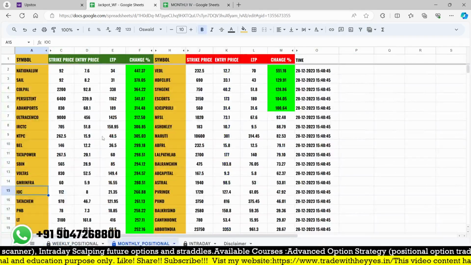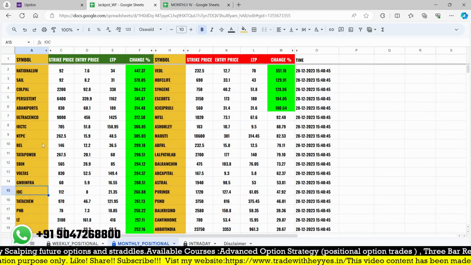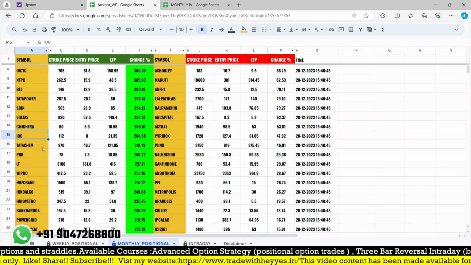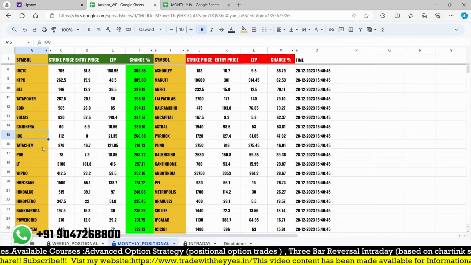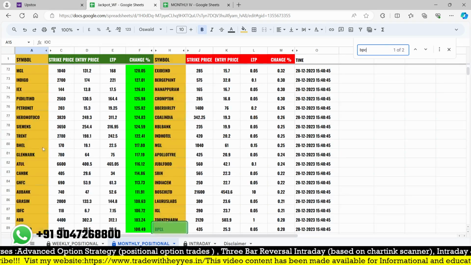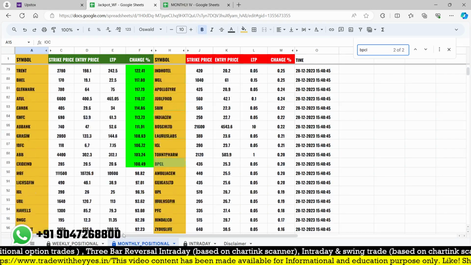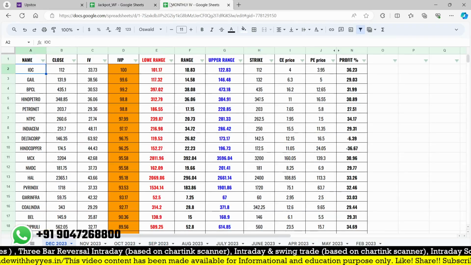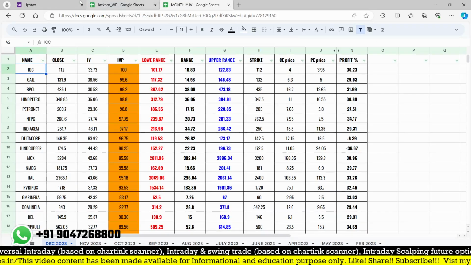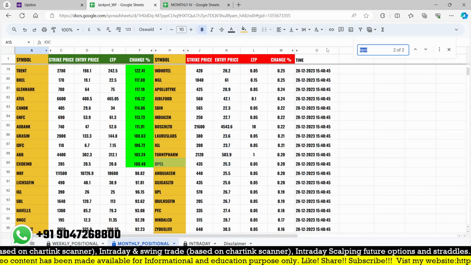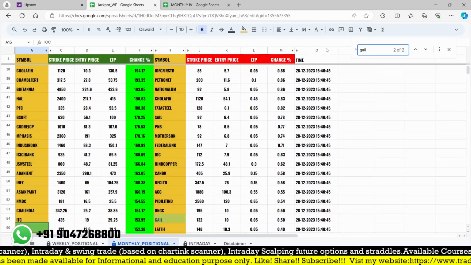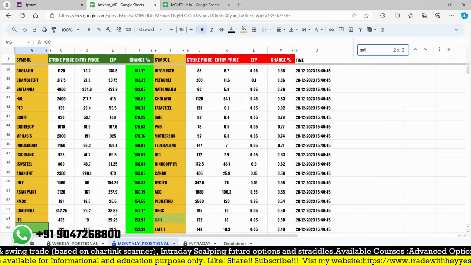The second one is BPCL, whether it is achieved or not. If you are taking the top three stocks, BPCL was not given, maybe it moves or not. And then finally, the third one is GAIL, whether GAIL moves or not. That is also achieved our target.